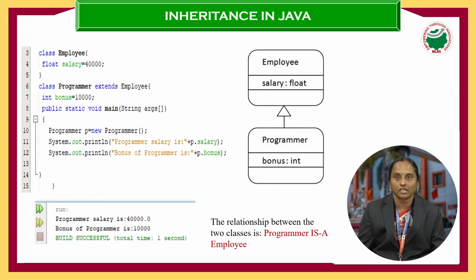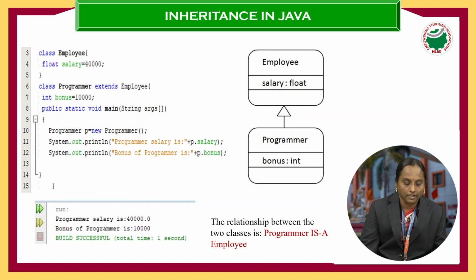This is a simple example for the inheritance concept. Here we create two classes, Employee and Programmer. Employee is the base class and Programmer is the derived class. We derive from the Employee class. For example, class Employee.